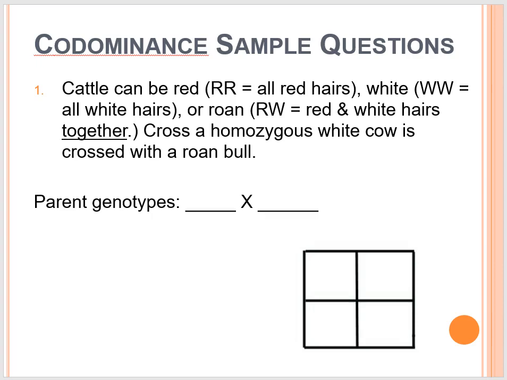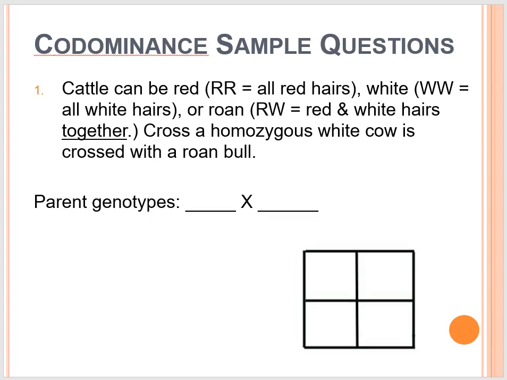All right, what's going to be in my Punnett square? What would be my possible genotype outcomes? 50% RW, 50% WW.